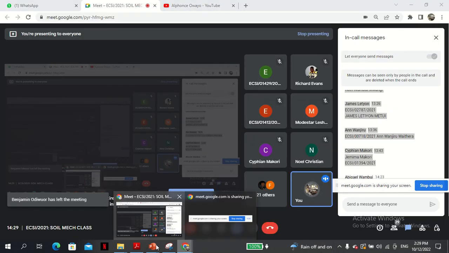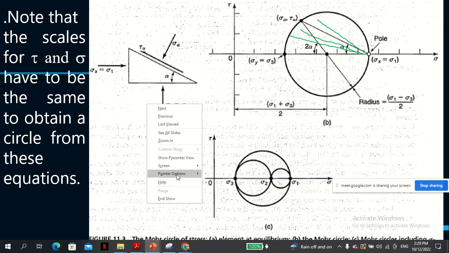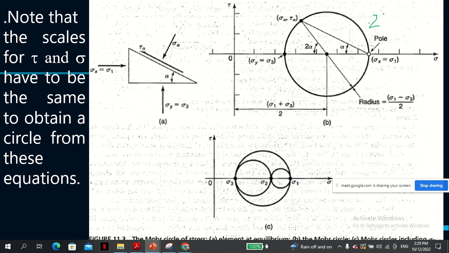And so this is a 2D plane, while in actuality we have 3D. In actuality we have stresses in both x and y, and it would be difficult to express this in 3D.